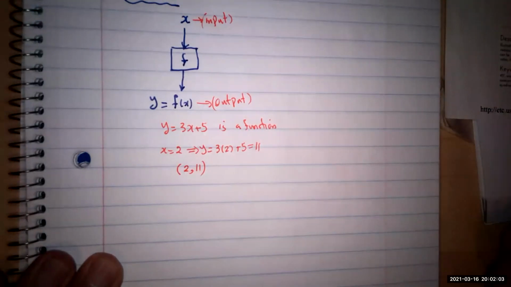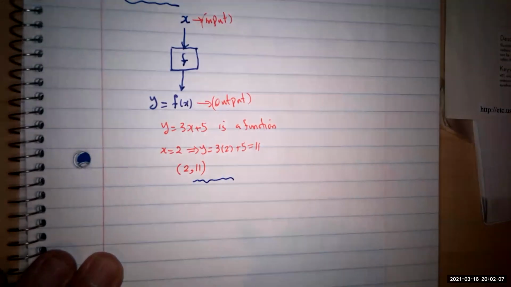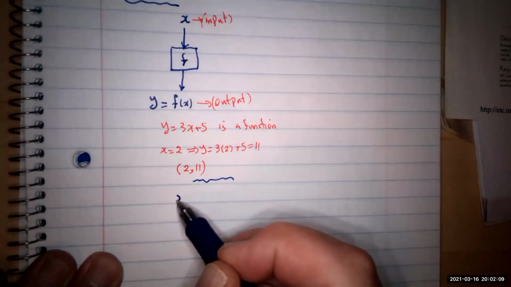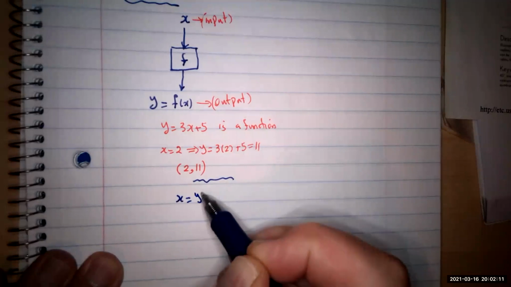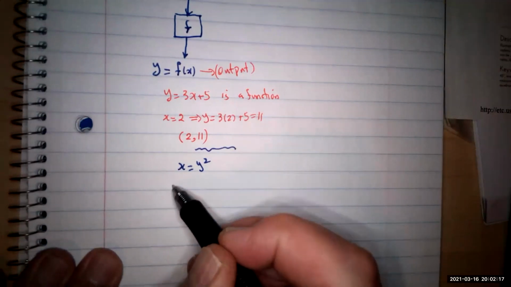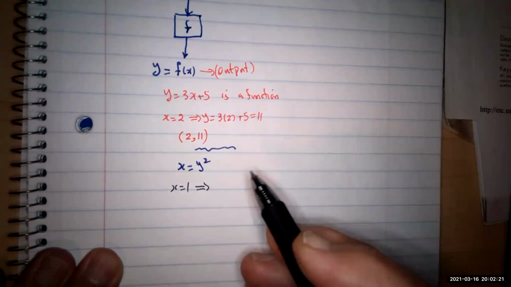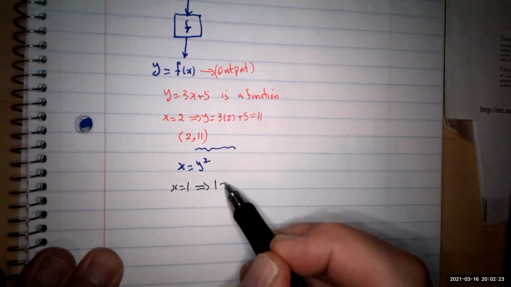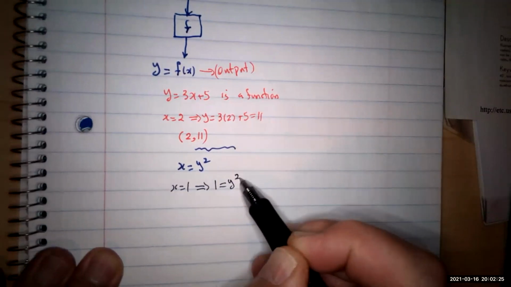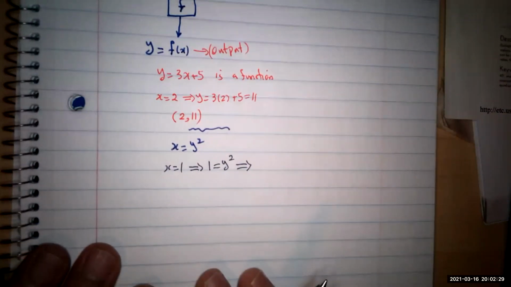Now if you have something like x equal to y squared, and you give me x equal to 1, how many y can I have? y squared is 1, so what is y?